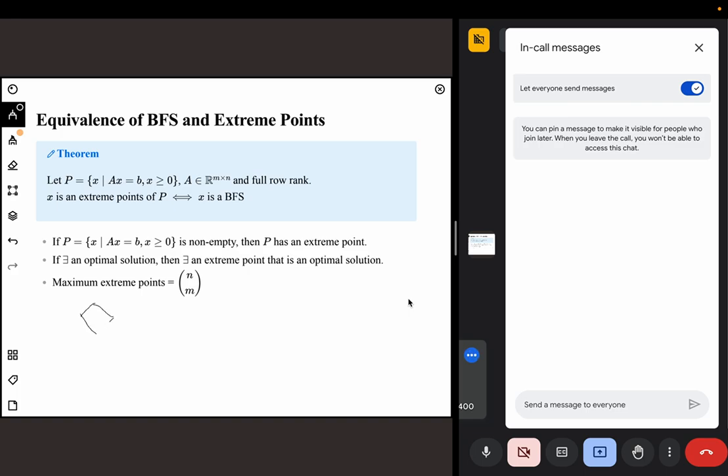You take a feasible region, you start with some point x that satisfies the set of equations, and you take x plus epsilon and x minus epsilon. If both x plus epsilon and x minus epsilon satisfy the same conditions, that is A times (x plus epsilon) equals b, and A times (x minus epsilon) equals b, and x also satisfies the equation, then all three taken together will give us A times epsilon equal to 0.